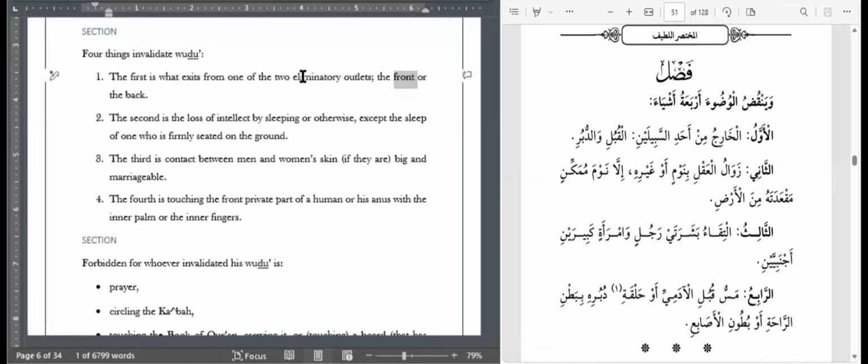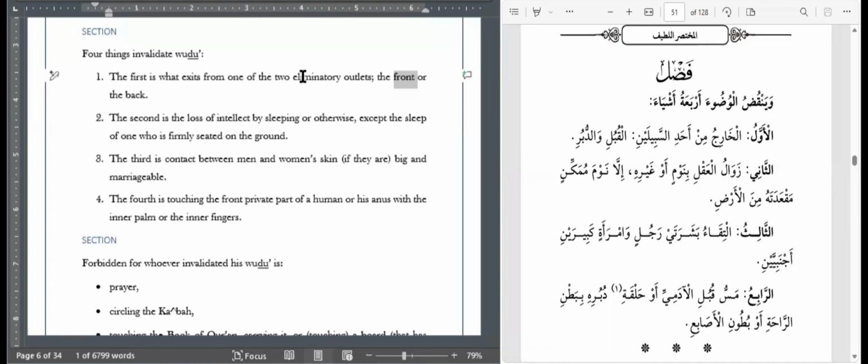Look at the way this is worded here: what exits from the eliminatory outlets? So if the worm pokes his head out and goes back in, did it exit? Yes, it did. Therefore, the wudu is broken.